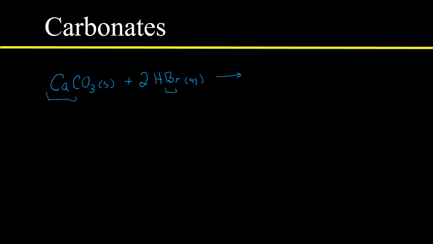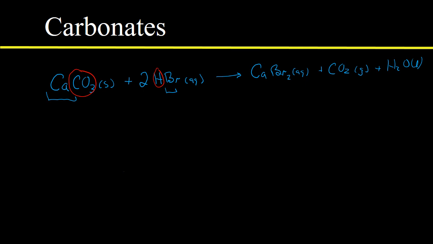Calcium is going to end up with the bromide. So you get calcium bromide as one of the products. And then the other product is going to be these hydrogens reacting with the carbonate. And so that's ultimately going to give you, as we saw just a minute ago, CO2 and water.